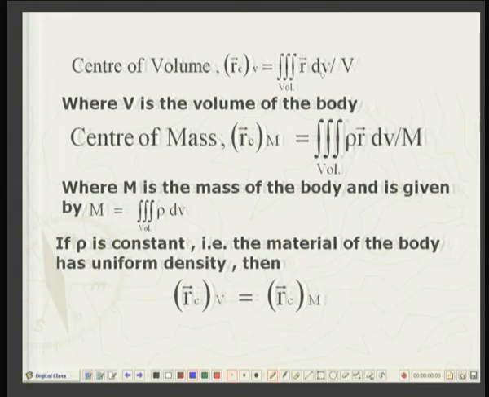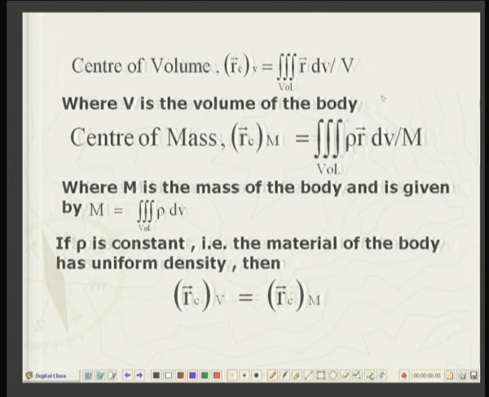So, this will be written as dV. The position vector of the center of that infinitesimal volume, that is r vector, you integrate over the entire volume and divide by the entire volume. That will be the center of the volume, where V is the entire volume of the body.